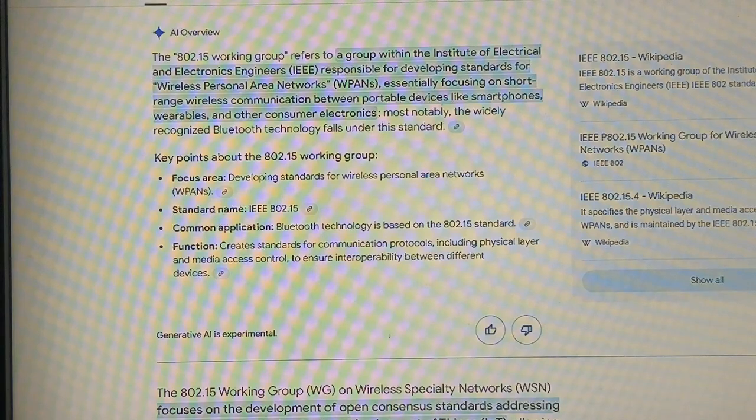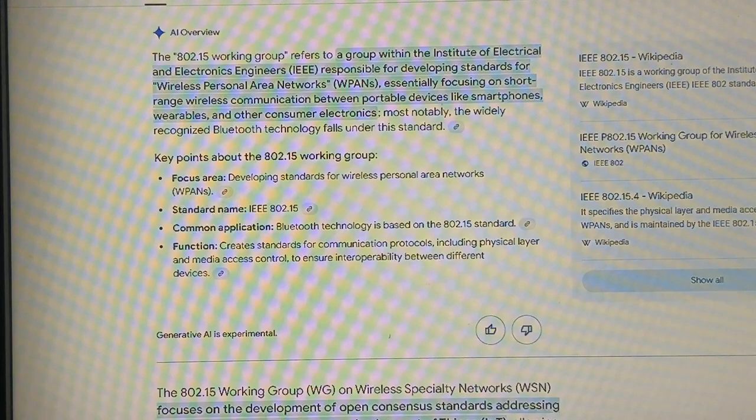Most notably, the widely recognized Bluetooth technology falls under the 802.15 standard. That means that they've been able to use the BLE for, my gosh, since the 90s?